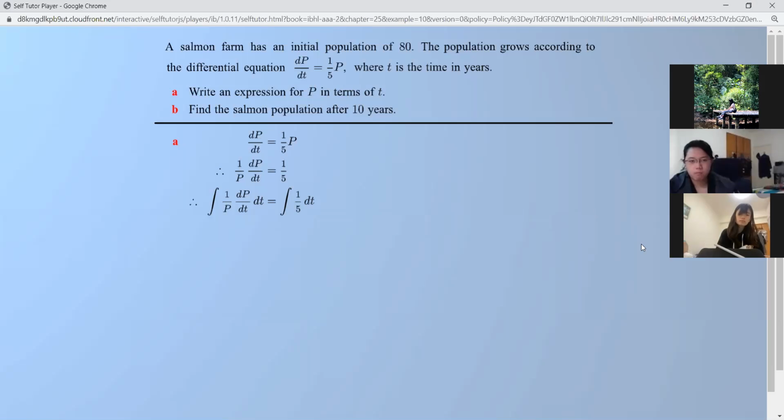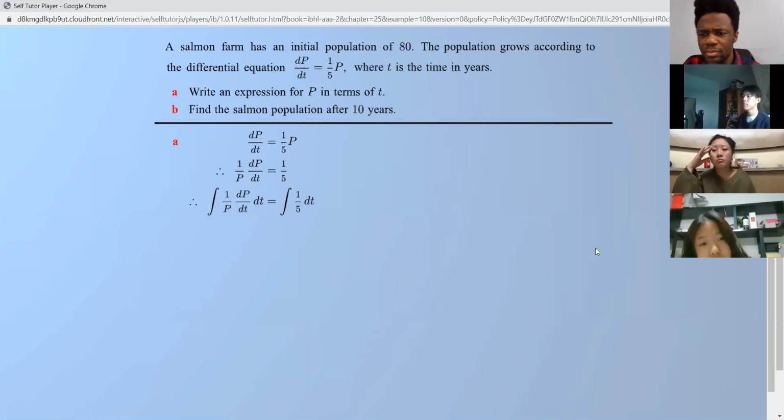Anyone? Oh, because it's dP over dt, not dt over dP. Is that why? Exactly. You see, this is like your dy/dx, equal to a function of y, not a function of x. In your x and y equation, when you say y is a function of x, y depends on x, isn't it?